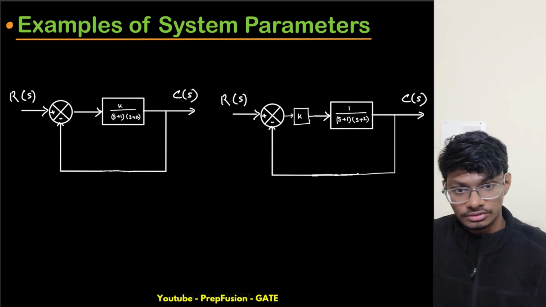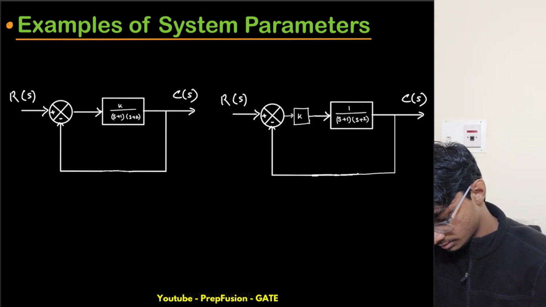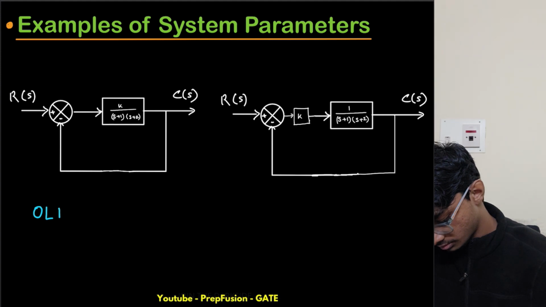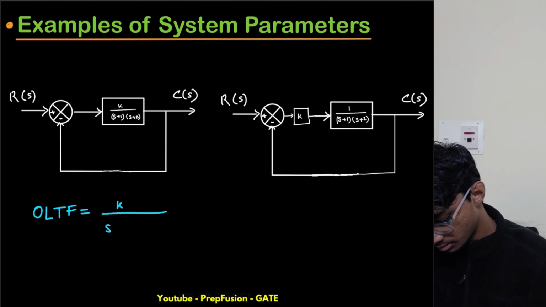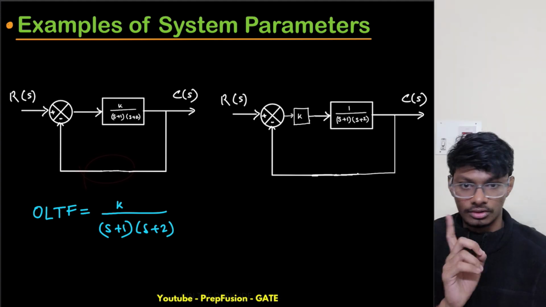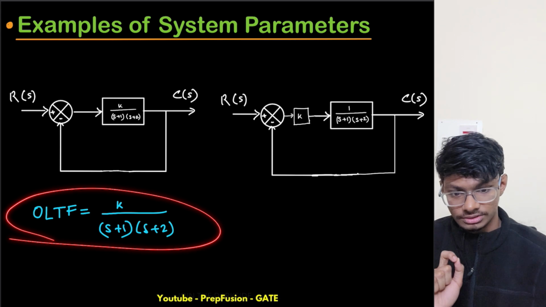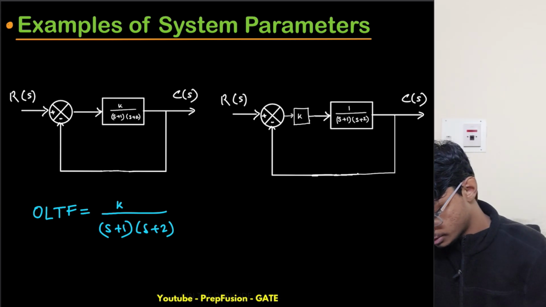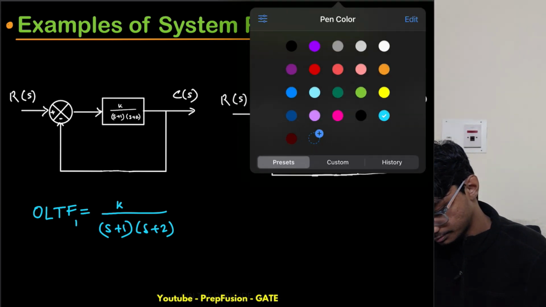So what is the OLTF for this one? OLTF for this one is basically k upon (s plus 1) into (s plus 2), because my H(s) is 1 only. So OLTF is this one, right? And what is the OLTF for this one? So this is the OLTF 1.